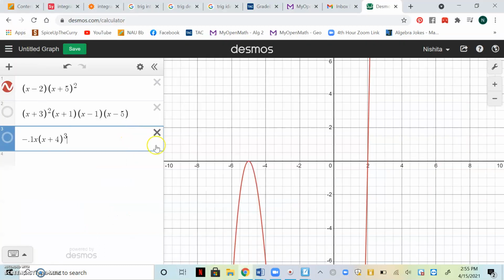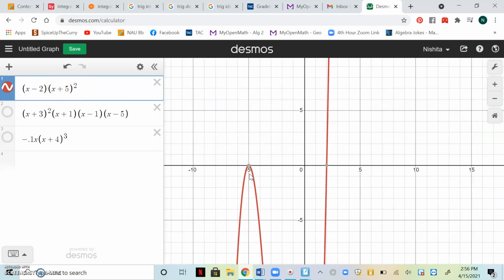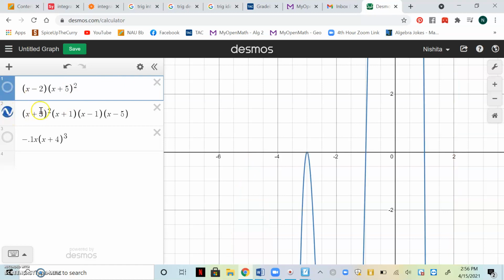Now, over here, we'll notice that in this graph, at the x plus 5 factor, which was squared, that brings us to an x-intercept of -5. Now, instead of going through the graph like we're used to, it actually happens to bounce off the x-axis. And that's something that occurs when you have a squared factor. Okay, and if you look at the graph for this one too, let me turn this off. This one has a squared factor, and at -3, which comes from that factor, it also bounces, right?